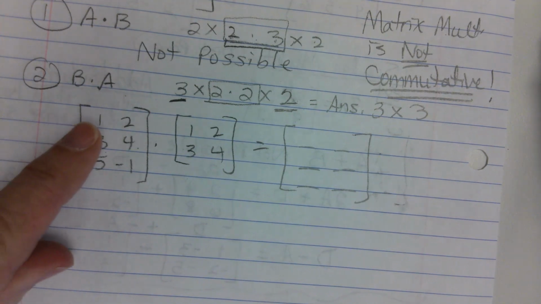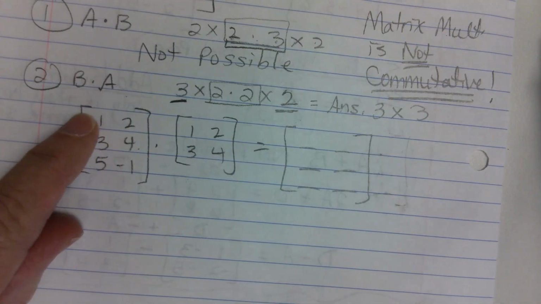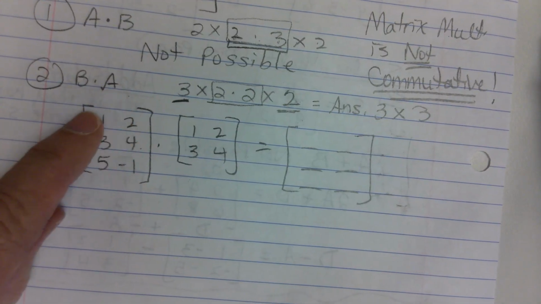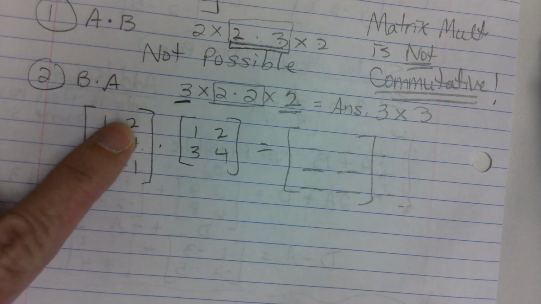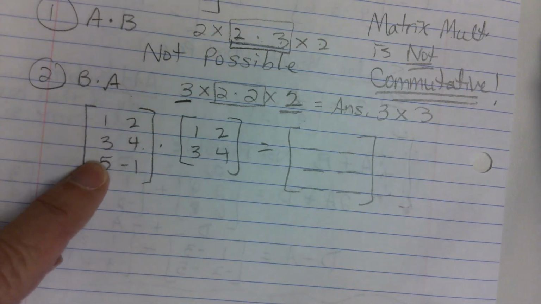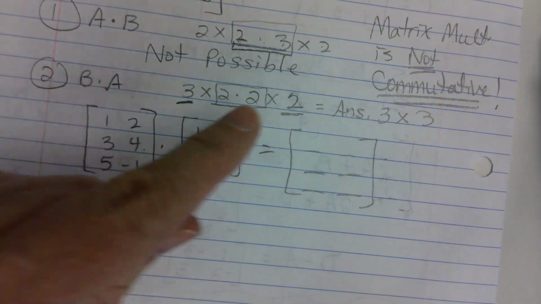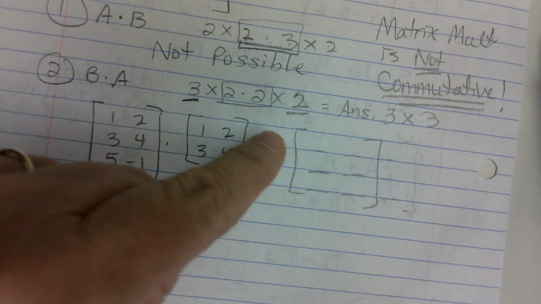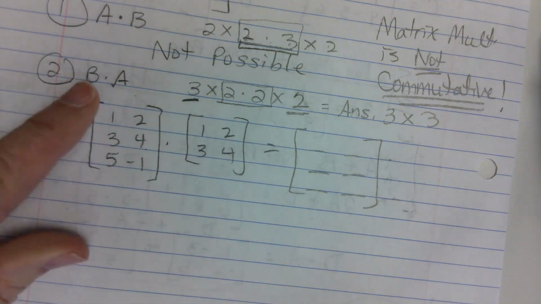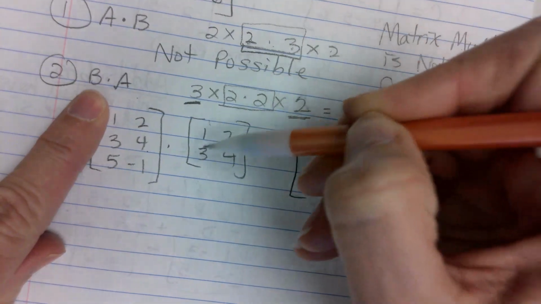So with your left hand, you think, okay, I'm going to go across. I'm going to start here, go there, then go down here and go to the 4. Then go down here and go to the -1. With your left hand, you start at the left and go to the right, only rows. With my right hand, you start at the top and go down.